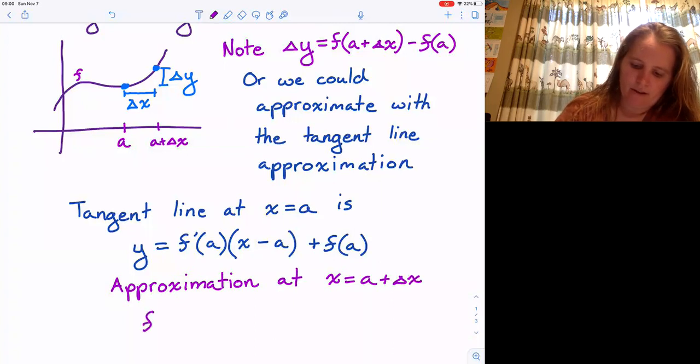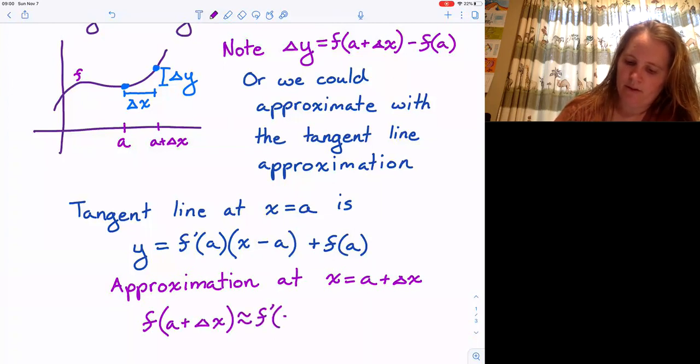We have f of a plus delta x is approximately f prime of a times, we would plug in a plus change in x, and then subtract off a, and then add on f of a.